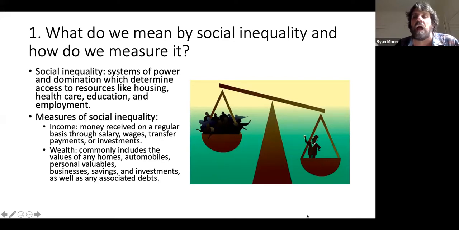And so for most people, that main source of income is their job. It's their salary or their wage or the tips that they get, or for many other people, there's Social Security, or what we would call transfer payments, various forms of public assistance or public aid that may contribute to people's income.